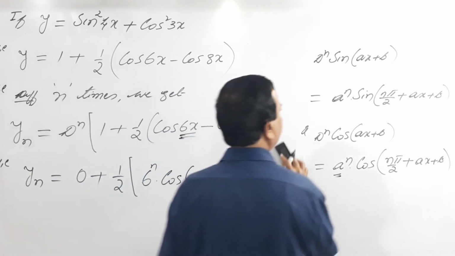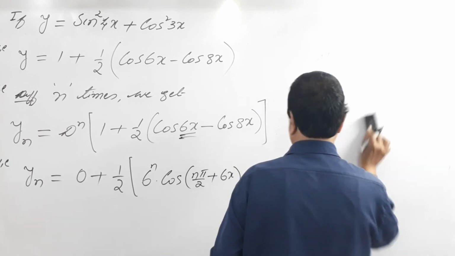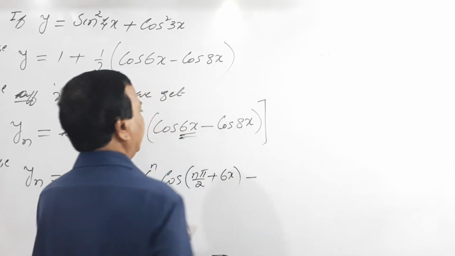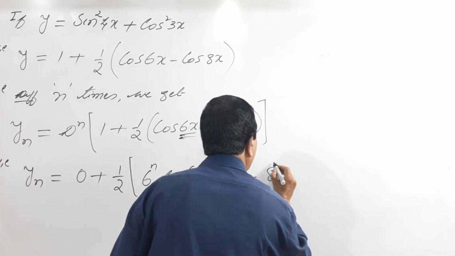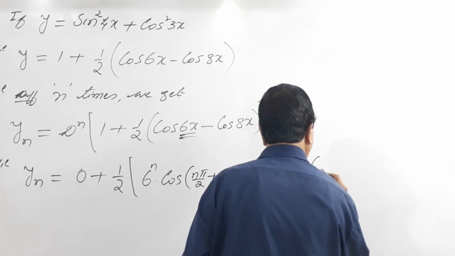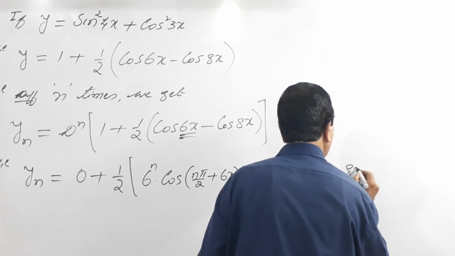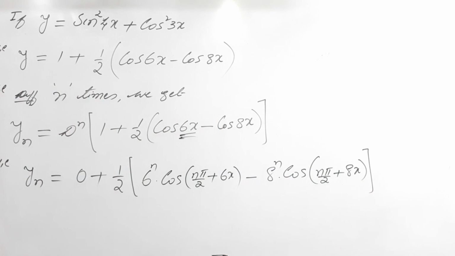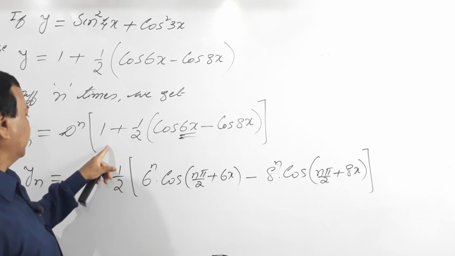Now the second term has a minus value, so put a minus. Here a is 8, that is 8 to the power of n cos of n pi by 2 plus 8x. So remember this differentiation once again.